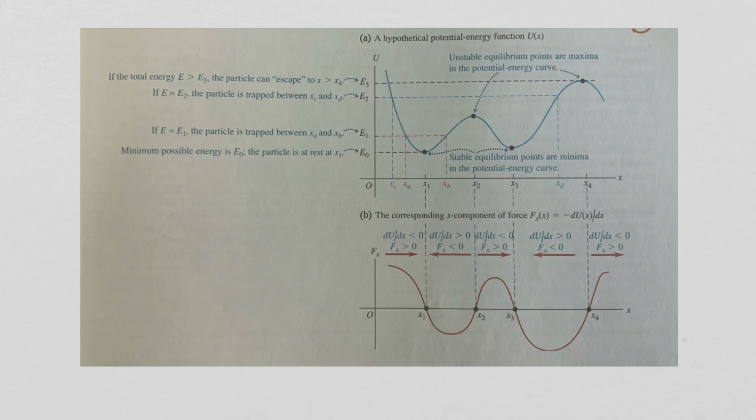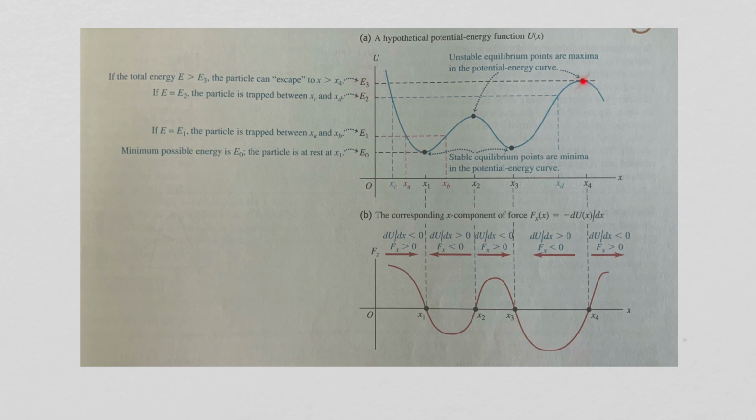So the particle can only move between this point here where the mechanical energy level crosses the potential energy curve and this point. Anywhere in between those 2 points the particle can get when it has a mechanical energy E3.